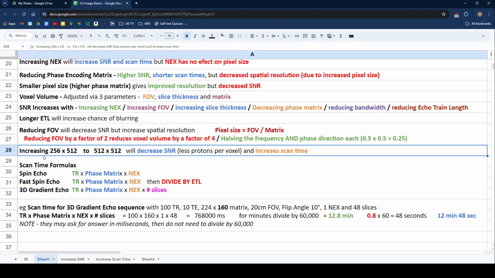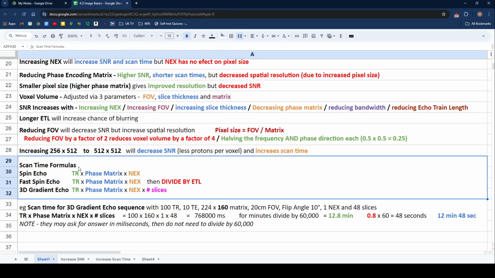So if you increase your matrix from 256 times 512 to 512 times 512, you're going to decrease your signal to noise because there are fewer protons per pixel, and you're going to increase your scan time.